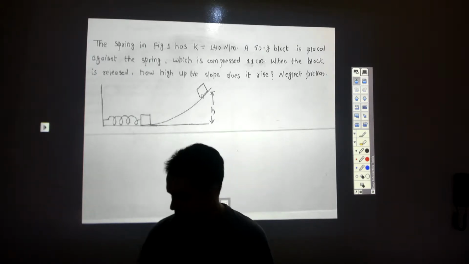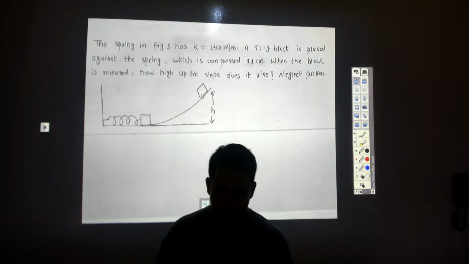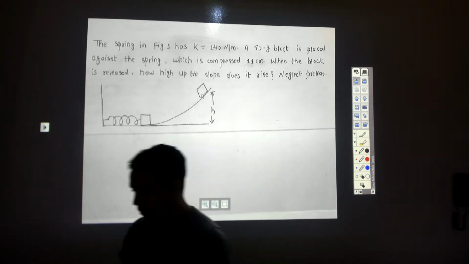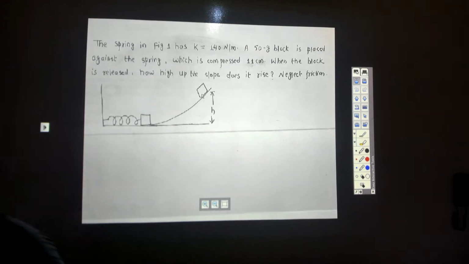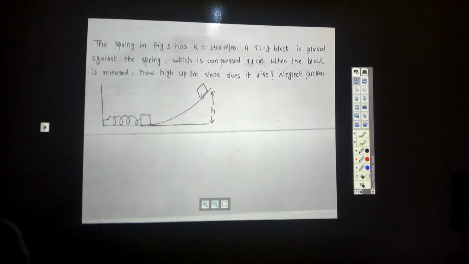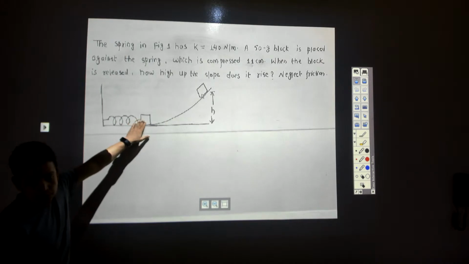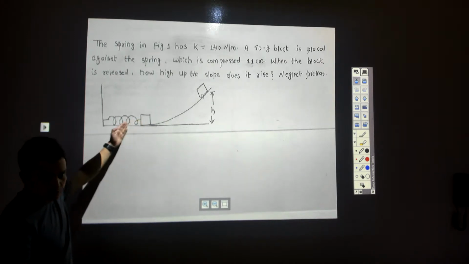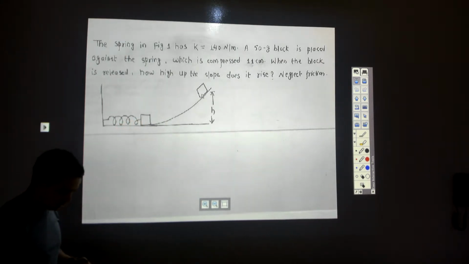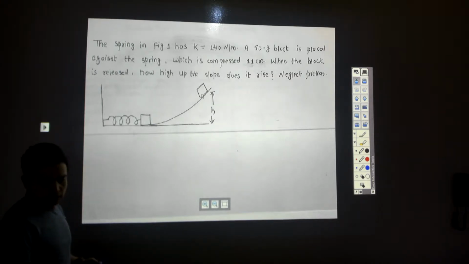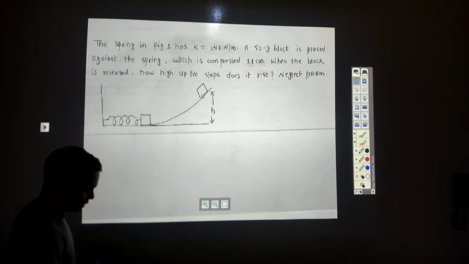That's the question. So we just have to use the principle of conservation of energy in order to solve this problem. Once the spring is compressed, all this energy is stored in the form of elastic potential energy.